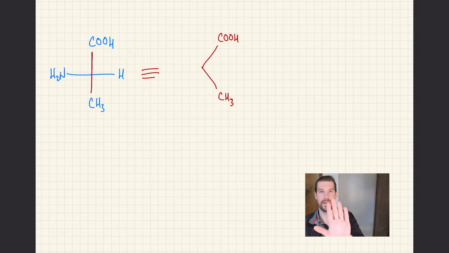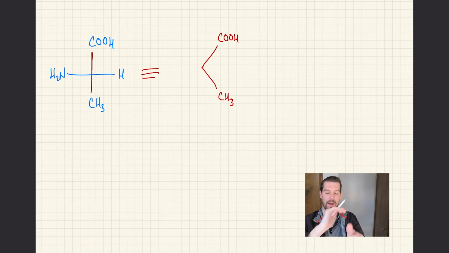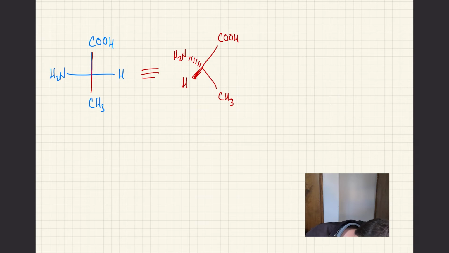So when I'm swinging this to the left, the hydrogen that is on the right side is going to be toward me now. And that amine group is going to swing to the back, right? So now this is going to look like there's my amine and there's my hydrogen.